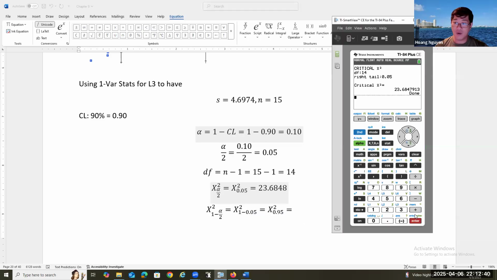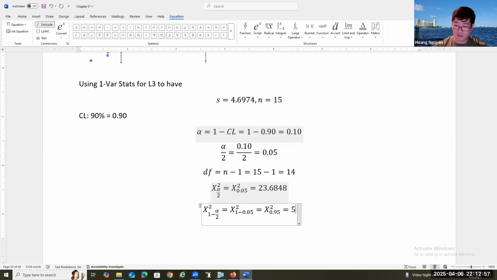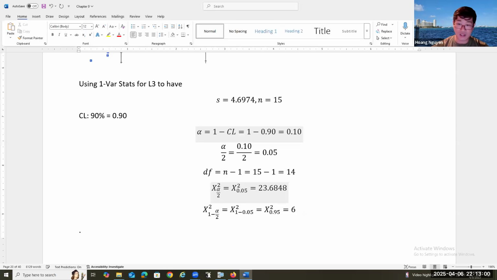Enter. Okay, one more time. Critical chi-square, degrees of freedom is still equal to 14, and the right tail is 0.95. So that's gonna be 6.5707.